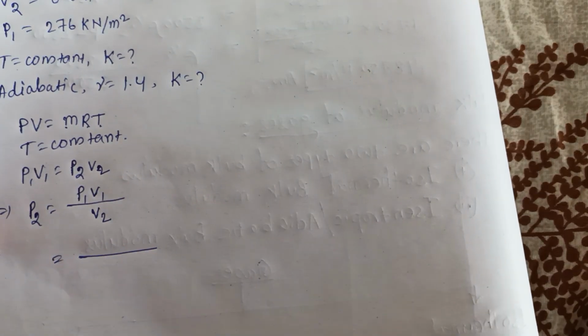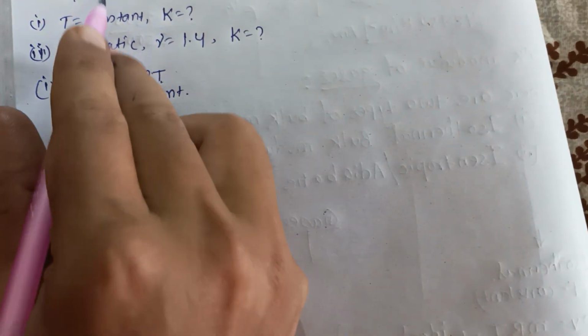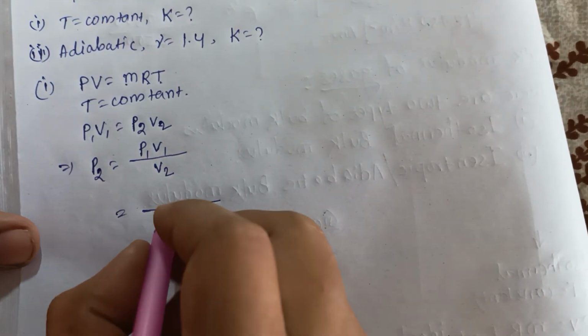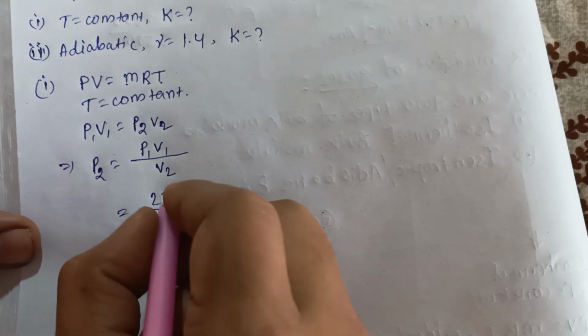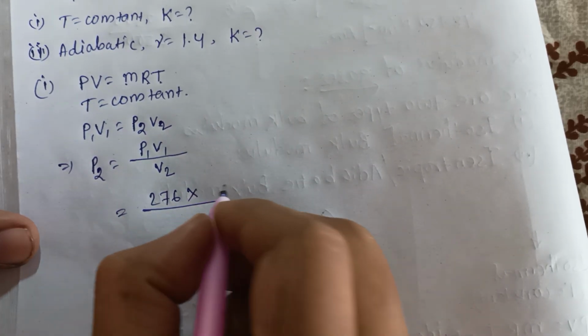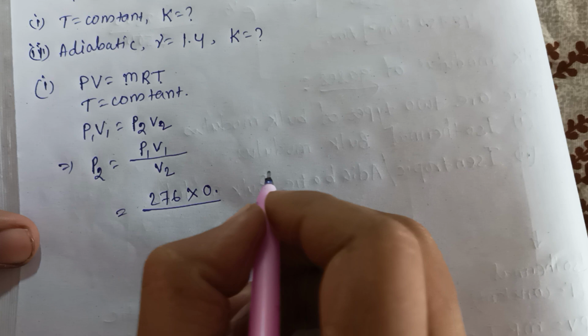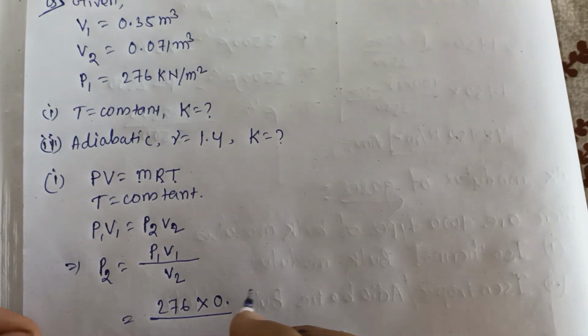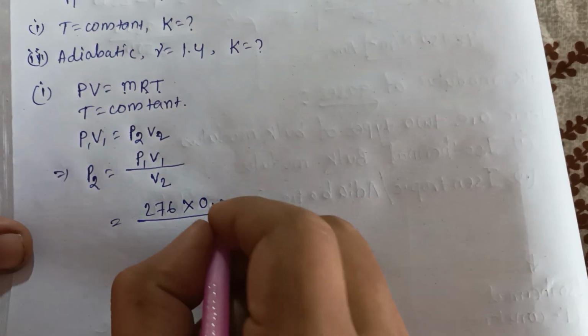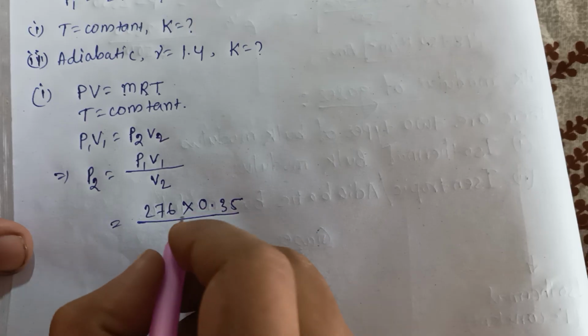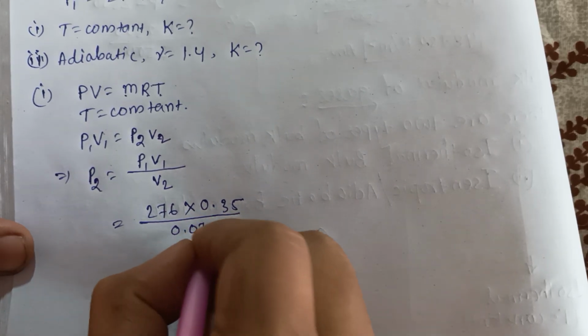Just put the values here. P1 is 276, into V1, which is 0.35, divided by V2, which is 0.071.